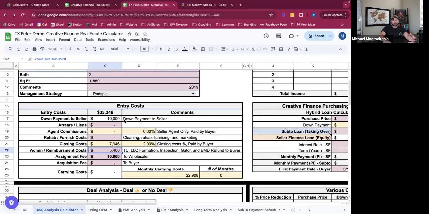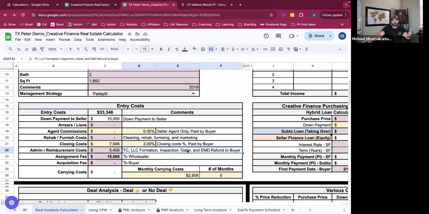When I'm buying properties, I have a variety of administrative costs and reimbursement costs I need to account for as part of my entry costs, because I need to raise the capital for them. That includes paying my transaction coordinator, whether a wholesaler has their own or not. I'm going to use mine because they know how to do it through our system, to form a new LLC to acquire this property in, to cover the inspection, and to pay back the EMD plus the Gator loan.